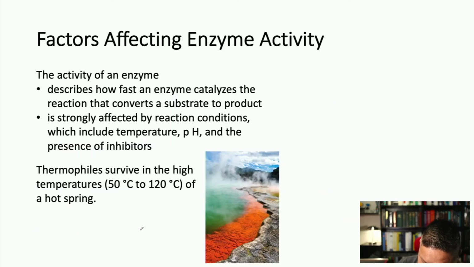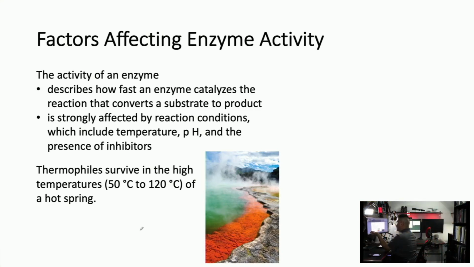Good stuff. So there are some factors that affect enzyme activity, right? Just like we were talking about before, you can use heat and pH and other methods to denature proteins. Enzymes are just proteins, right?